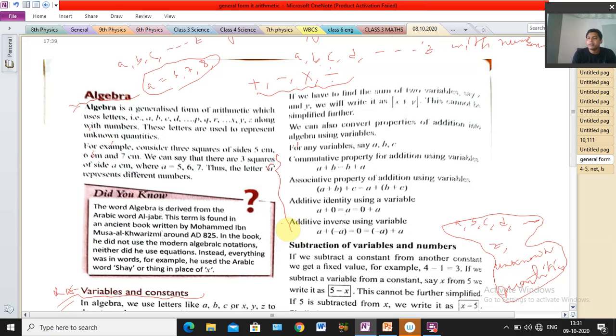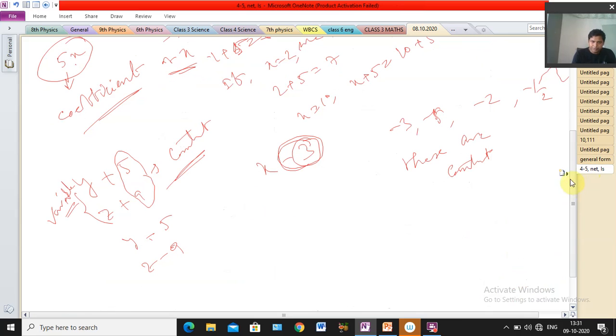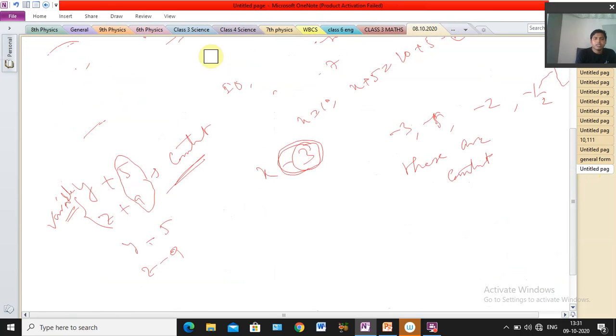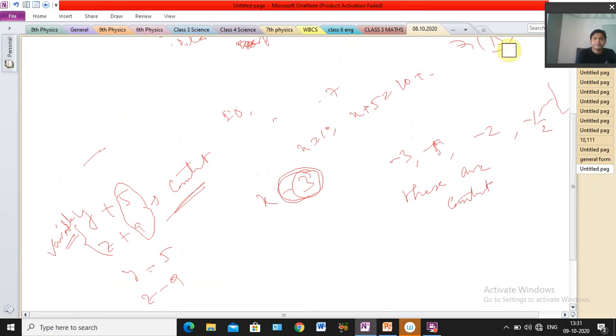Okay, four properties, very very important: commutative, associative, additive identity and additive inverse. Just see, this type of property is very important. After that you will see that very important properties are there.